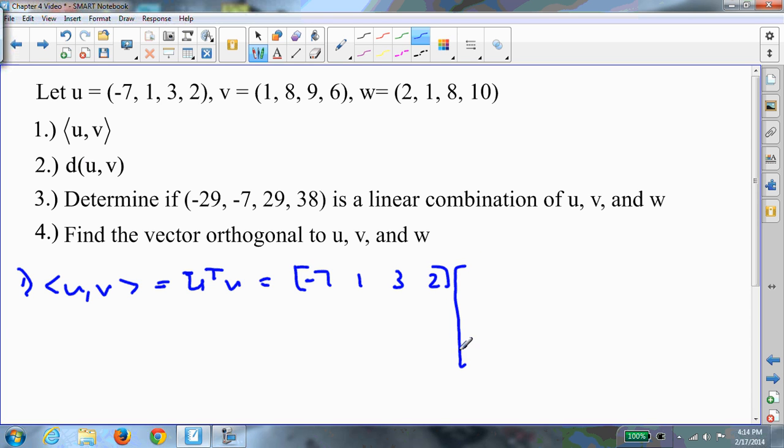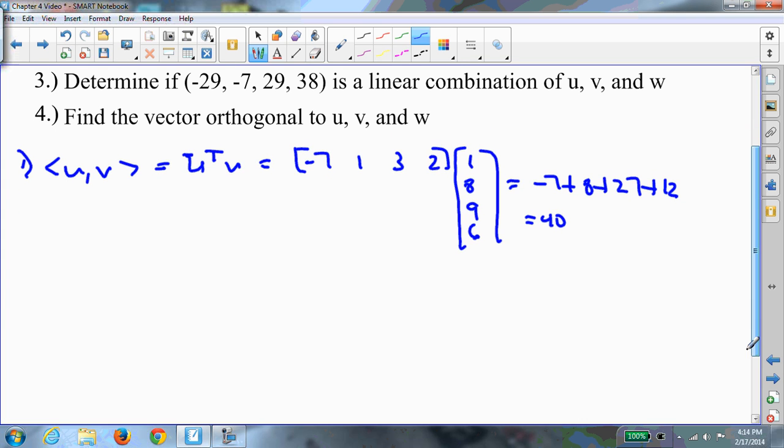Transpose it, that's where the row idea comes from, and multiply by the matrix 1, 8, 9, 6. So that would equal -7 plus 8 plus 27 plus 12, which would equal 40.